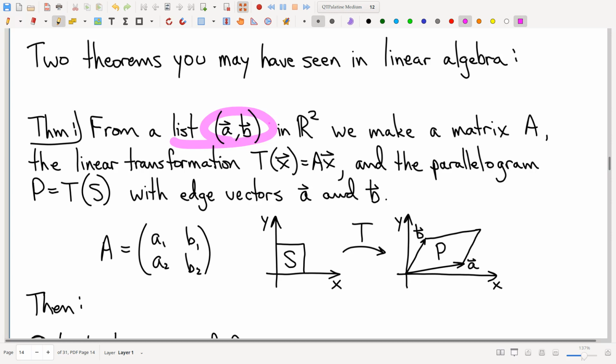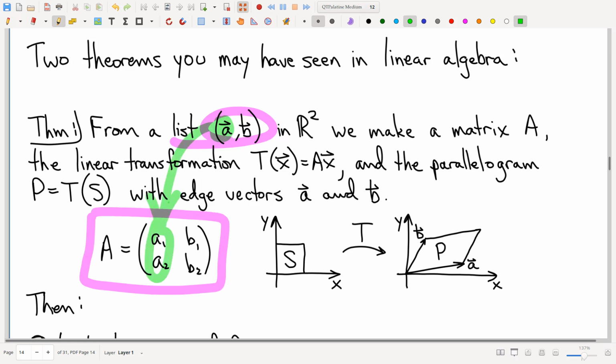Now, if you give me a list, I can make a matrix in a pretty natural way. First vector becomes the first column. Second vector becomes the second column. That's pretty natural, I think. So if you give me a list, effectively, you've kind of implied a matrix. Okay.